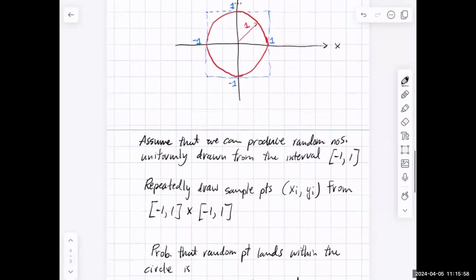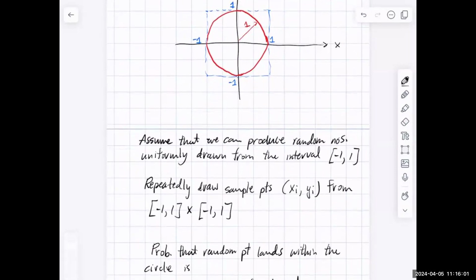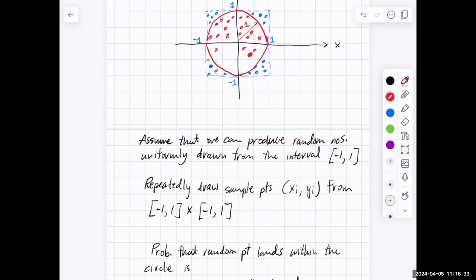Okay, so we're going to draw a bunch of points, so XY values, and some of them will land inside the circle, and some of them will land outside the circle. We'll keep drawing these points. I'm going to draw these ones that miss the circle, and then I'll go back and put a bunch in that hit the circle. So we make these n pairs of XY values, populate our little plot here, and then count how many are inside the circle versus the total number of points.